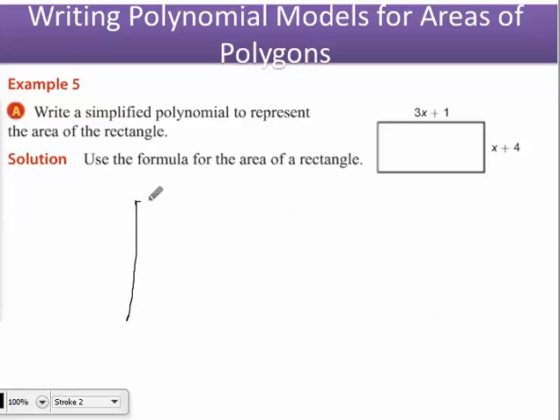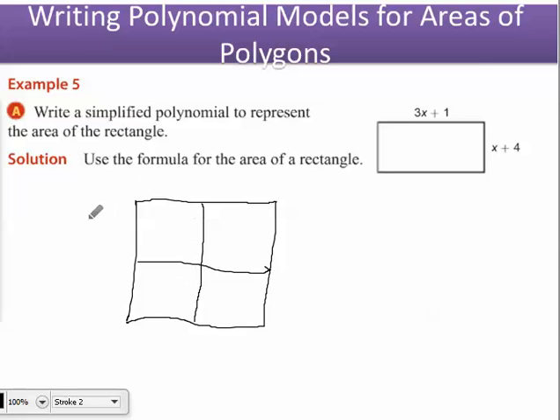I can draw my little square that I'm going to use to multiply by binomial, write it in here, and I get 3x and 1 and x and 4, and I multiply out and I get 3x squared, I get 12x, I get x, and I get 4, combining my like terms as I'm going.